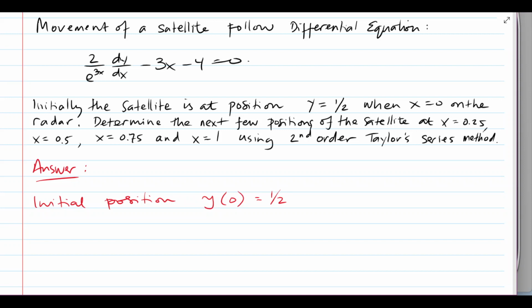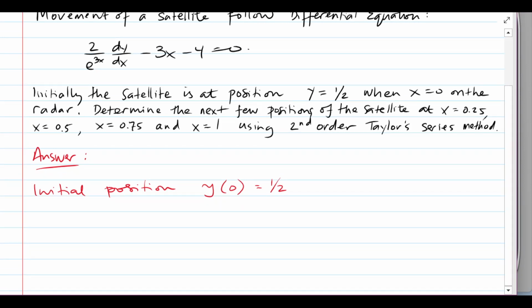And given our differential equation to be 2 over e to the 3x, which we can rearrange. Let's just write down 2 over e to the power of 3x times dy/dx equals 3x plus 4.